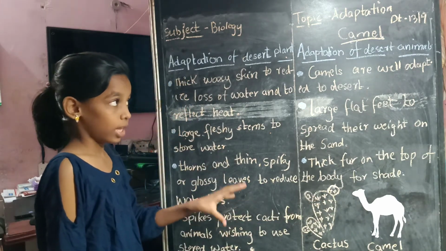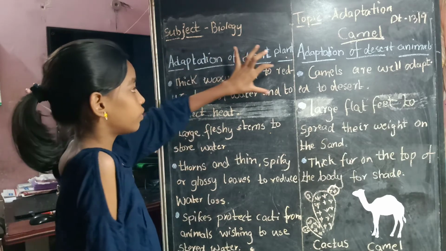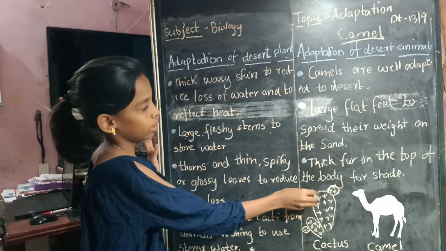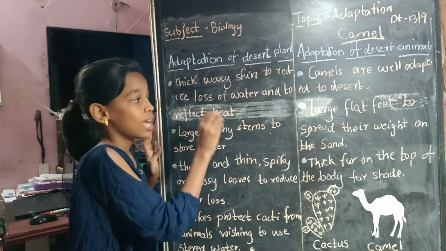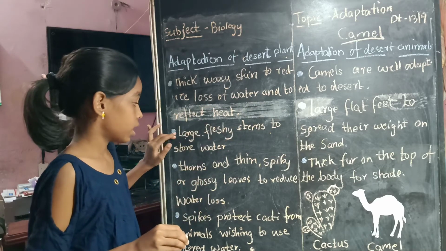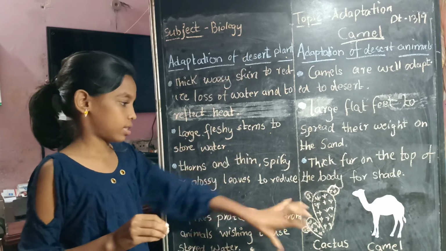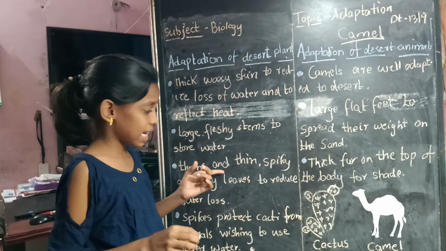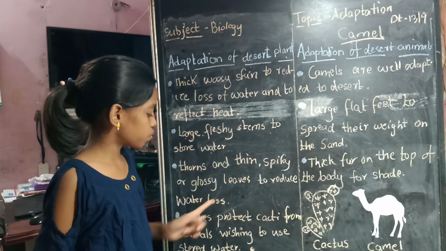Let's have a quick recap again so that we can understand properly. Adaptation of desert plants, the cactus: thick waxy skin to reduce the water loss and reflect the heat. Large fleshy stems to store water inside the cactus plant. Thorns and thin spiky or glossy leaves to reduce water loss.